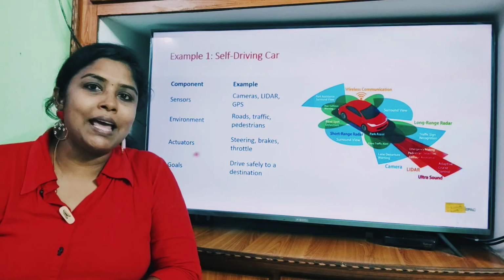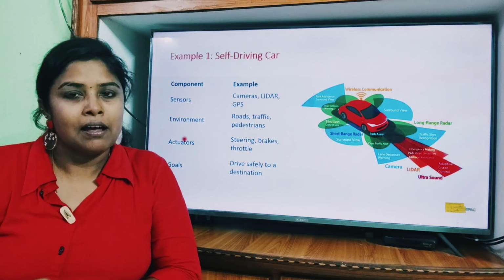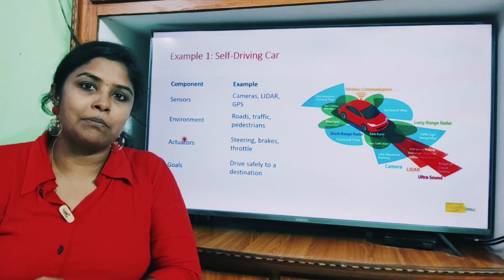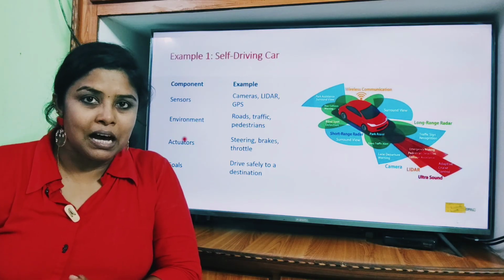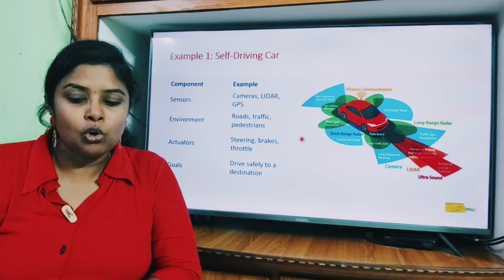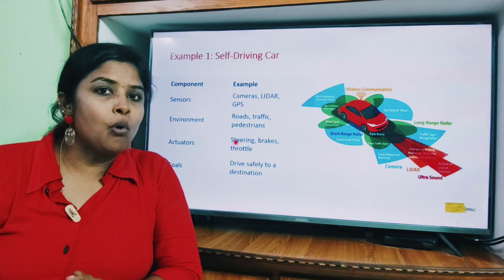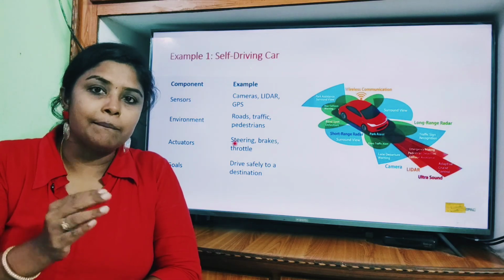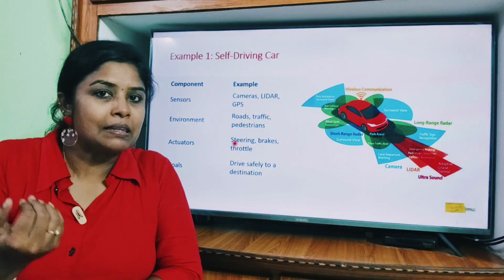And then coming to the actuators, what will be the actuators of this car? How are the actions performed? Actions are performed through the actuators, and for this car, the actions are performed through brakes, steering control and throttle. If you want to make the car come to a halt, then you have to apply the brakes.